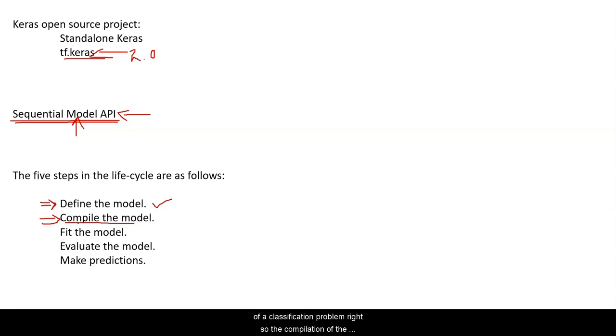So the compilation of the model has three tasks to be done. The first one is to select the loss function, otherwise called the cost function, right? And the second step is to choose the optimization algorithm.